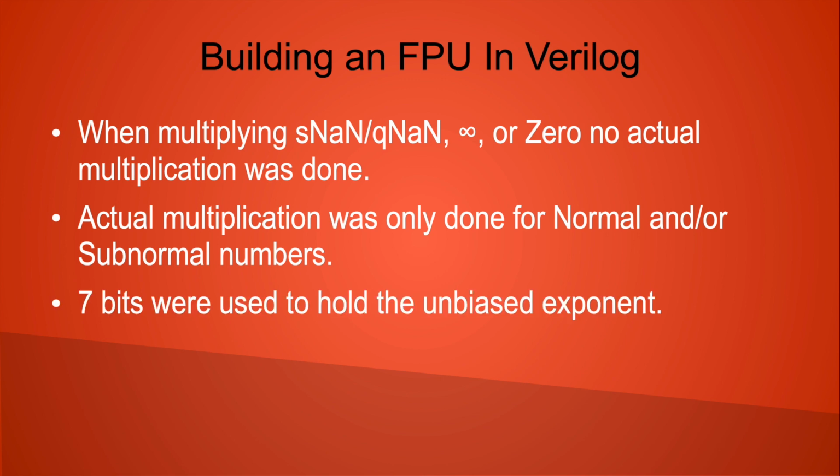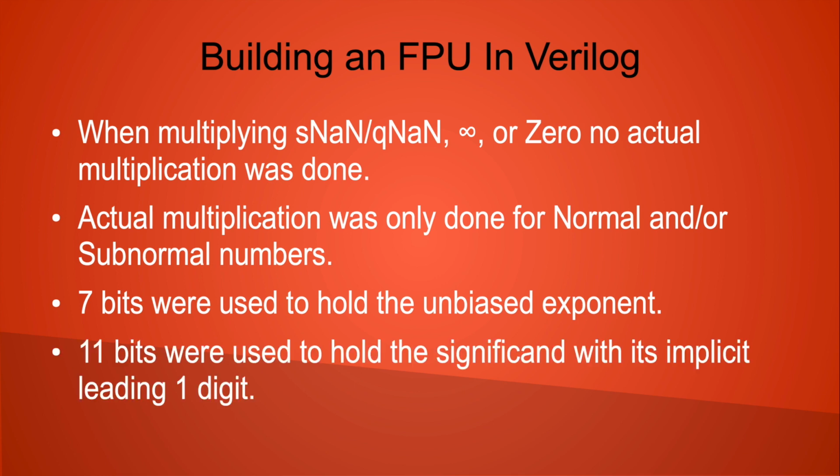For normal and subnormal numbers, the FP class module extracts the 5-bit biased unsigned exponent and converts it to the actual 7-bit signed exponent. FP class also extracts the 10-bit significand field, adding the implied leading 1 bit for normal numbers. You'll recall that subnormal numbers have significands which are between 1 and 10 bits of precision.